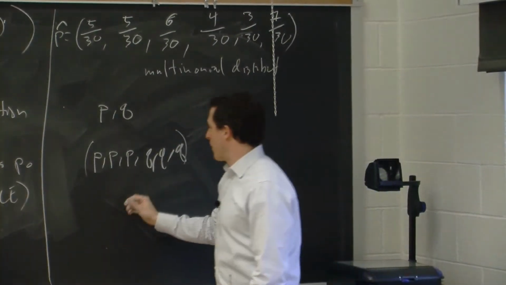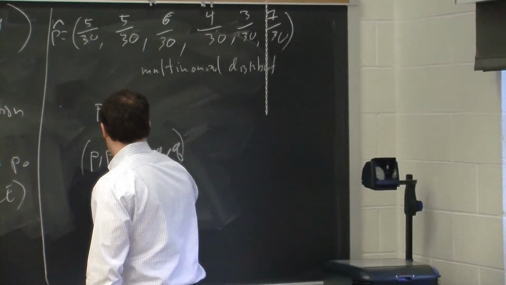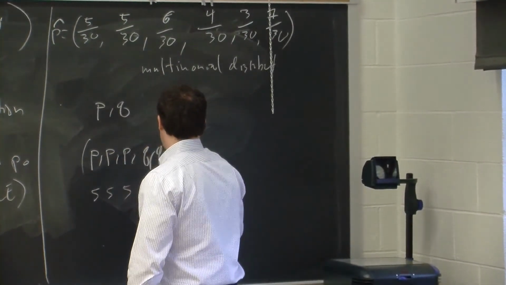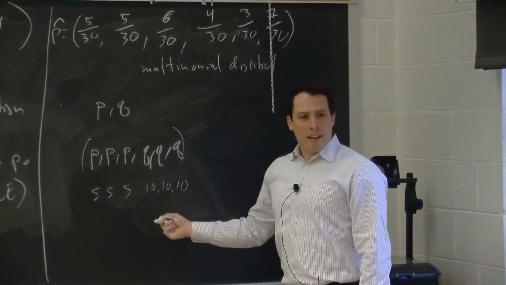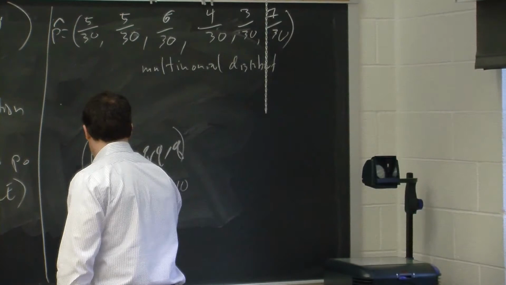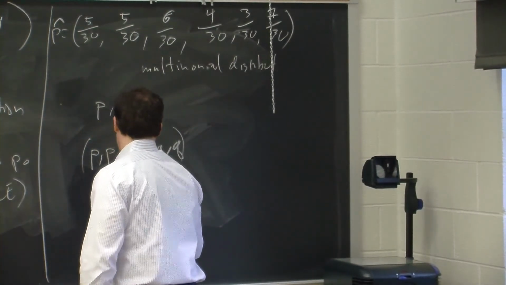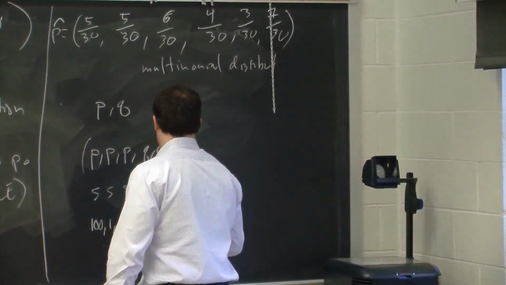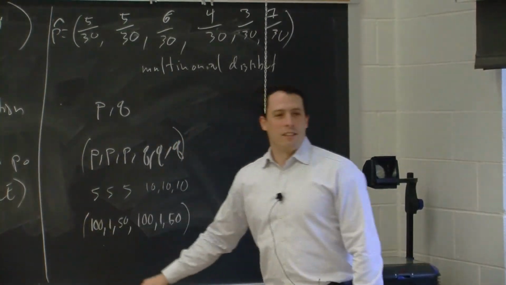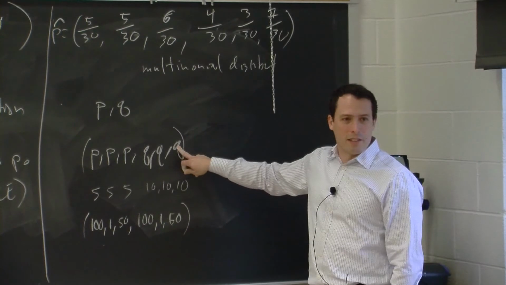If I see an outcome like 5, 5, 5, 10, 10, 10, now I have a different total, but that fits. But if I see an outcome like 100, 1, 50, 100, 1, 50, chances are this is not a good fit for this model.